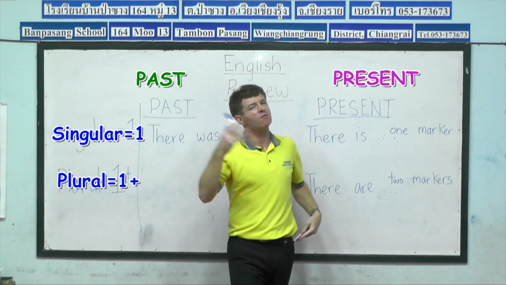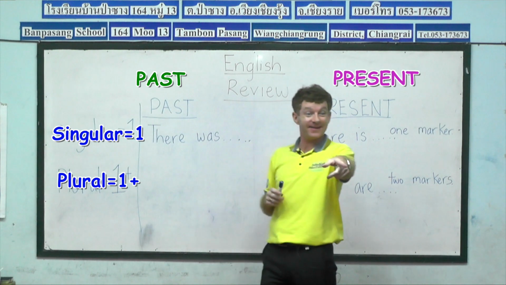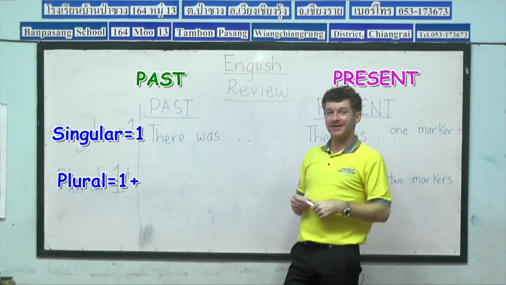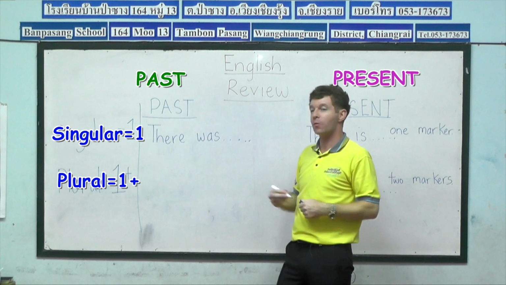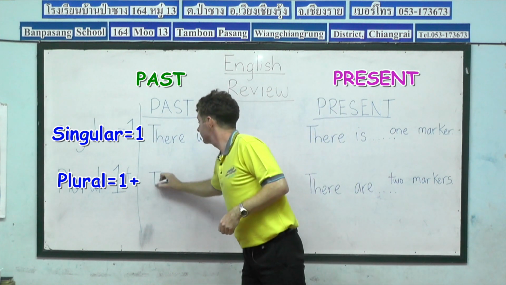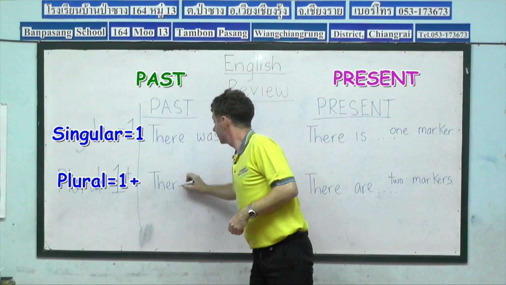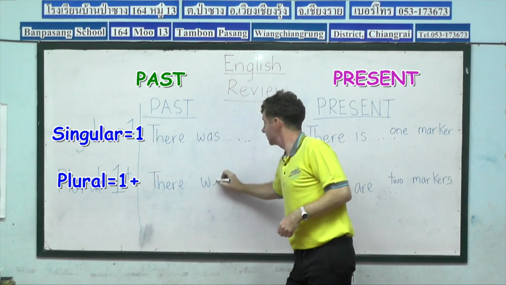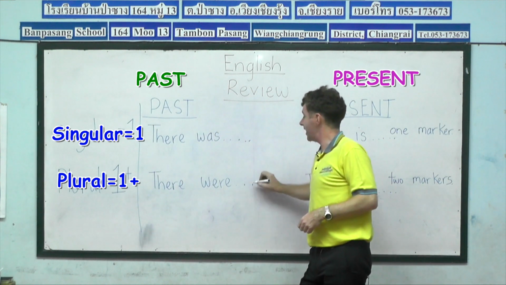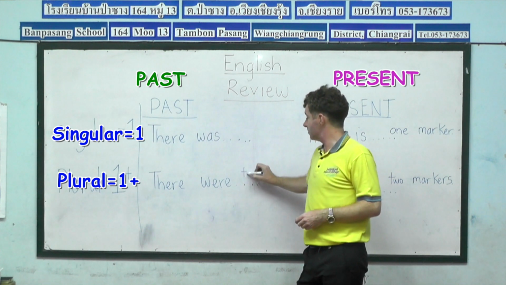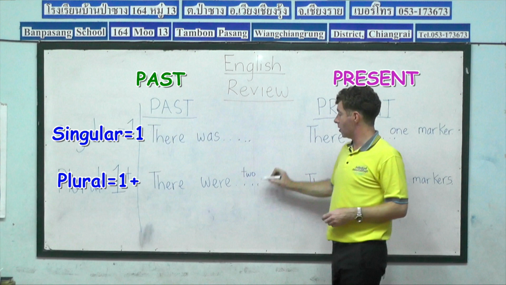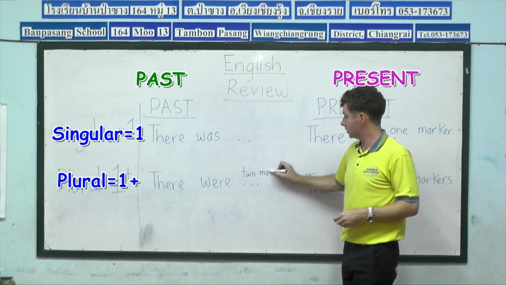We're talking about 5 minutes ago, and we say, there were. When we move the tense, we also have to move the words. Excellent, guys. There was. And remember, there were always has to be more than one.